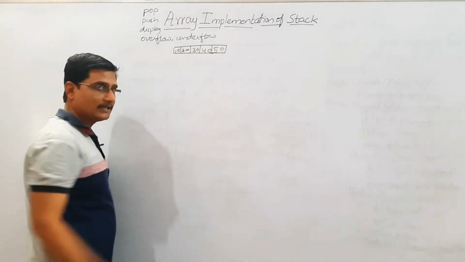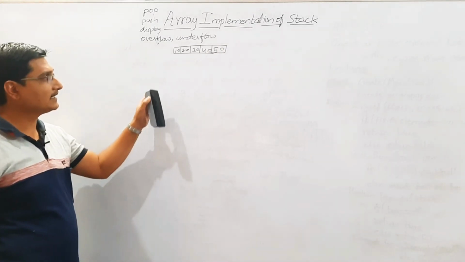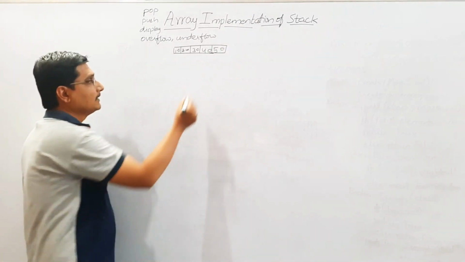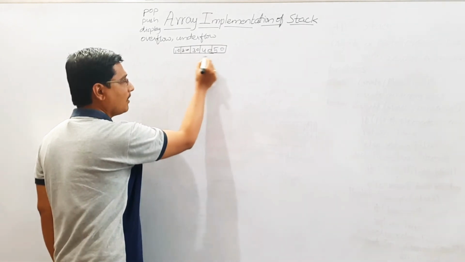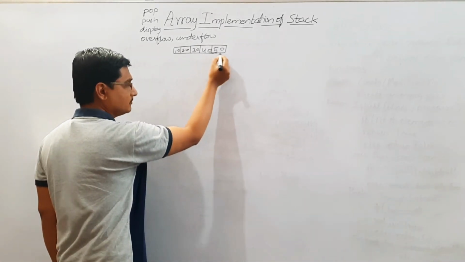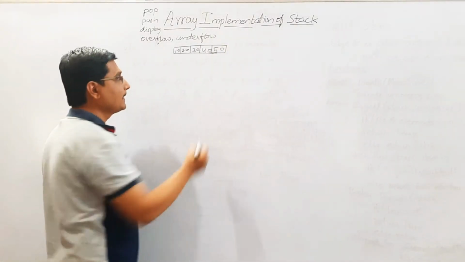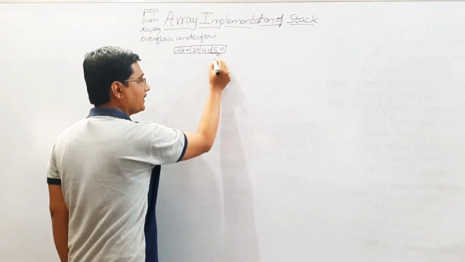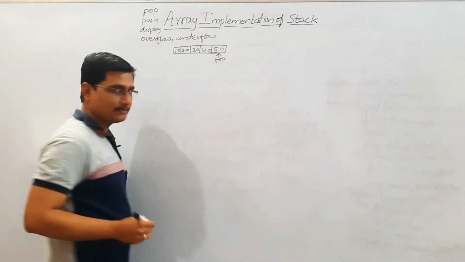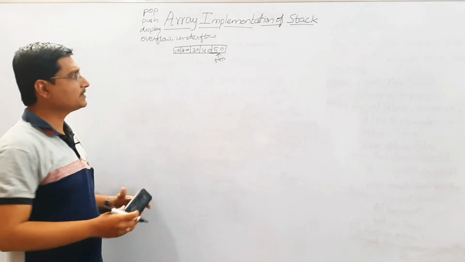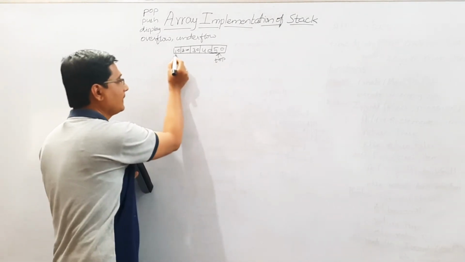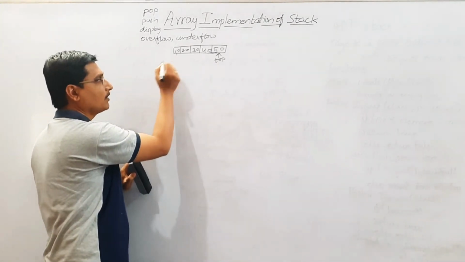Say if we consider this as an array, then how can we consider it as a stack? We have inserted the elements, so top will be pointing to the last element. The rightmost element is called the top element, and this element is called the bottom element.